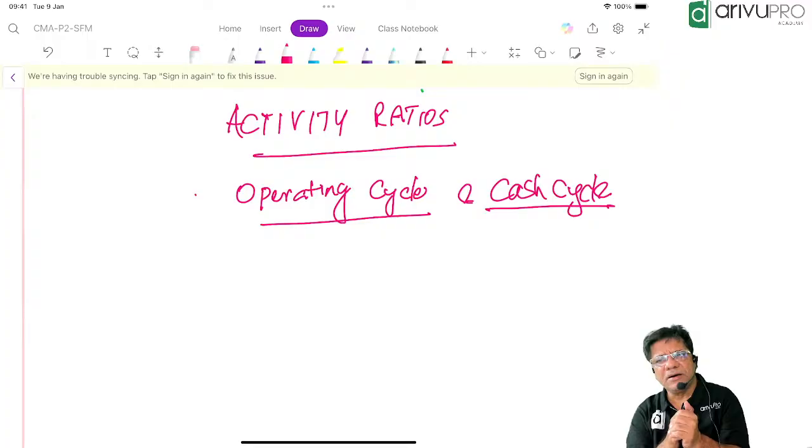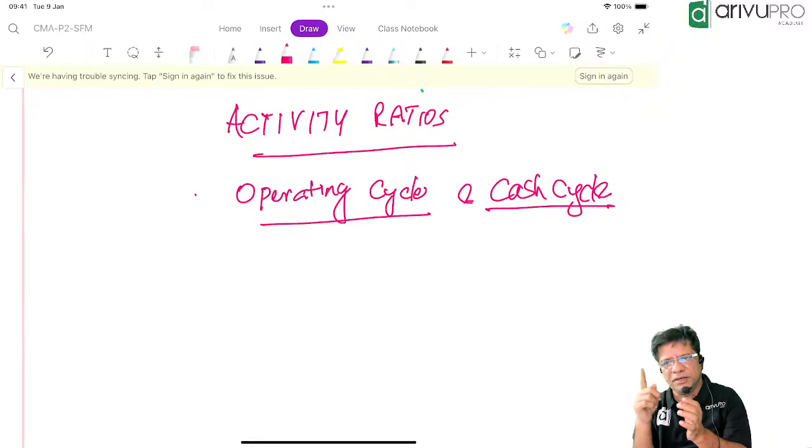Can the operating cycle be only one day? Is that possible by any chance? Possible if it is a very quick conversion. Everything happening in one day, like purchase of raw material, converting into finished goods, selling it, and collecting, it can be for a product, but not for the business.